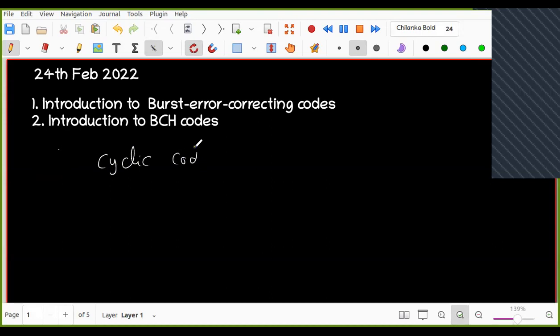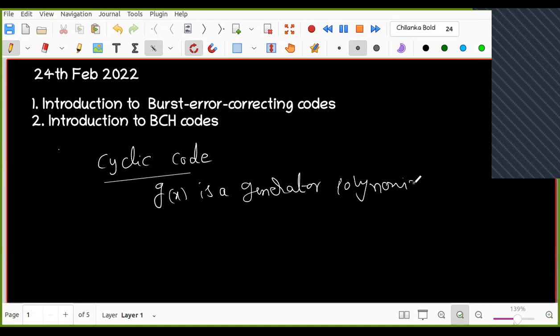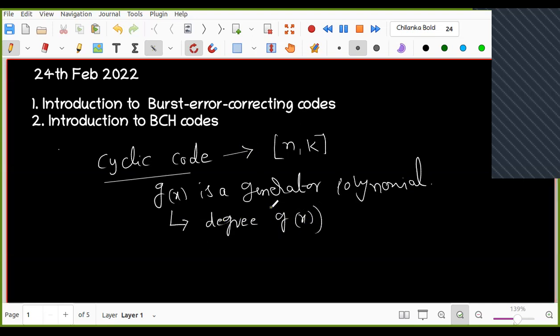In the cyclic codes, you know there is a generator polynomial, right? So g of x is a generator polynomial. If it is a cyclic code of length n, an (n, k) cyclic code, then what is the degree of g of x?